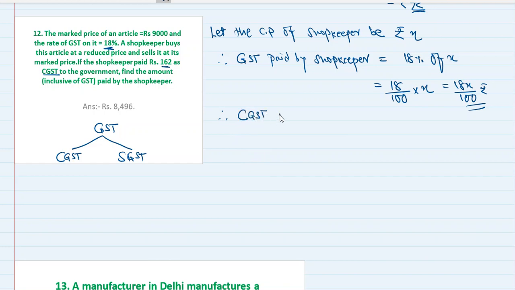CGST payable to central government is equal to 18x by 100 divided by 2, that is 18x by 200 rupees.